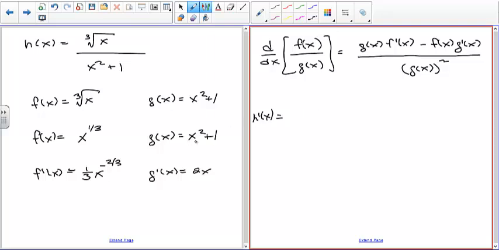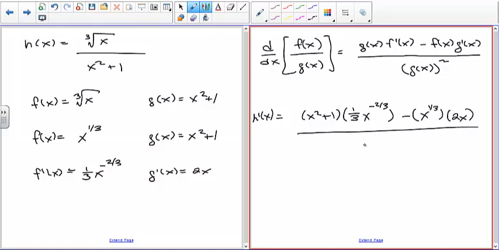So we take g of x, x squared plus 1, times f prime of x, which is 1/3 x to the minus 2/3 power, minus f of x, which is x to the 1/3 power, times g prime of x, which is 2x, all divided by g of x, which is x squared plus 1, quantity squared.